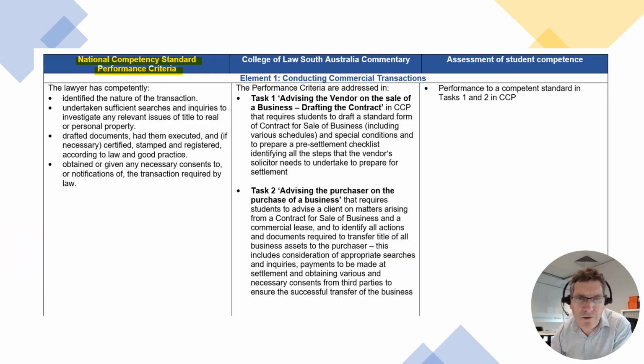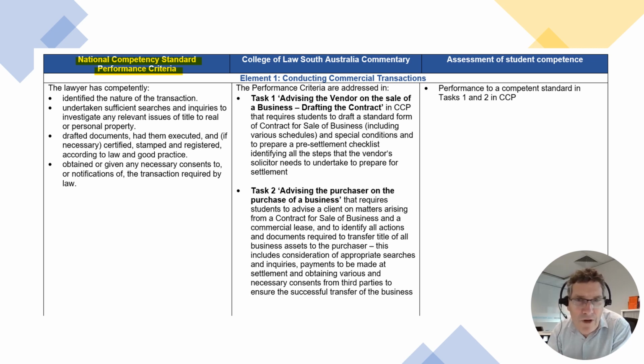Then the document flows on to 3 columns. In that left-hand column, under the descriptor that the LAPIAC sets, they list a set of criteria. So this is the first set of the criteria that they've got listed. So that's the National Competency Standards performance criteria.